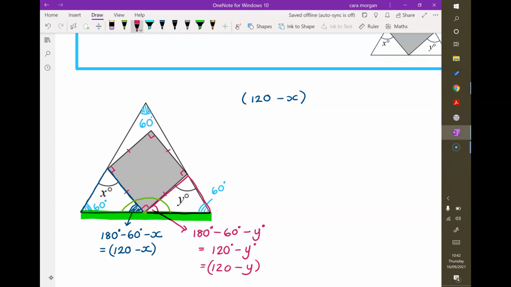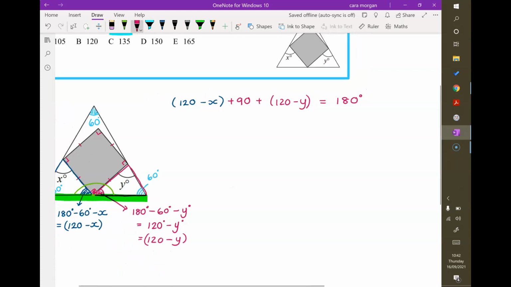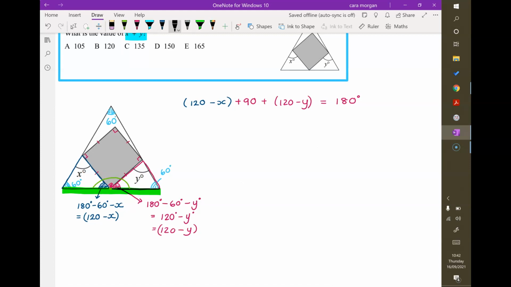I have the 90 degrees just in the middle there. And I have the other one on the right-hand side, which is 120 subtract y. I know that those three angles have to add up to 180 degrees because they're on a straight line. Hopefully that makes sense, what I did there.